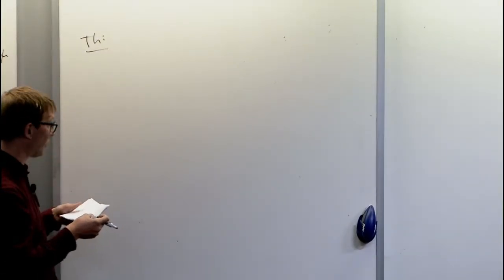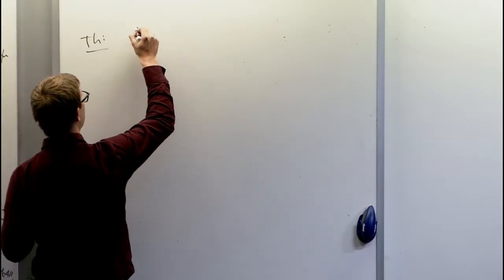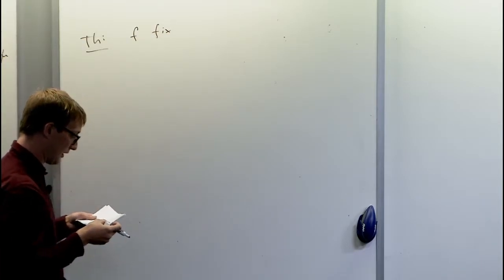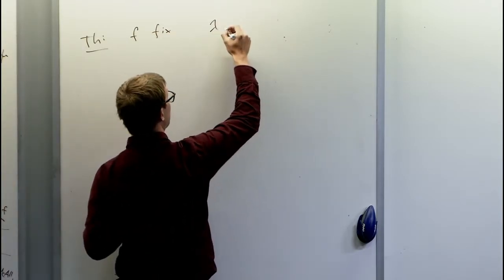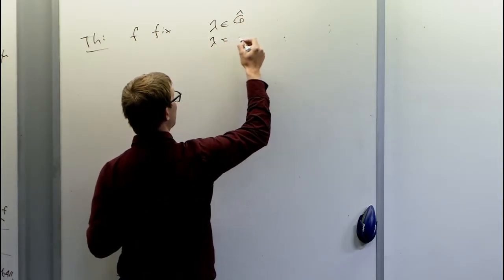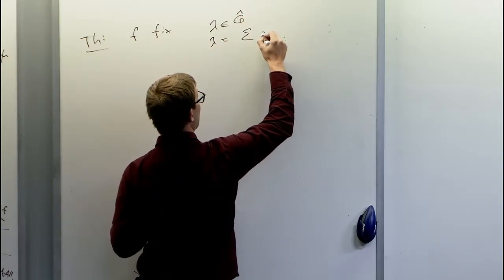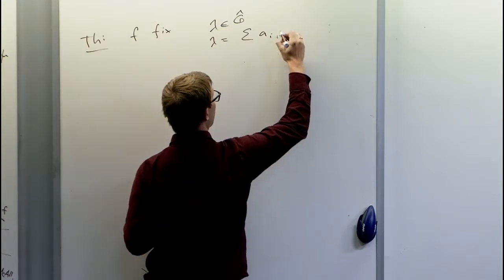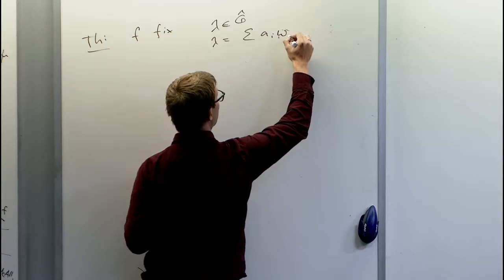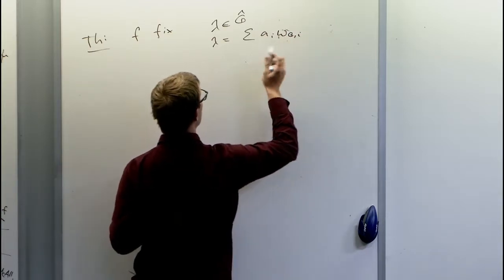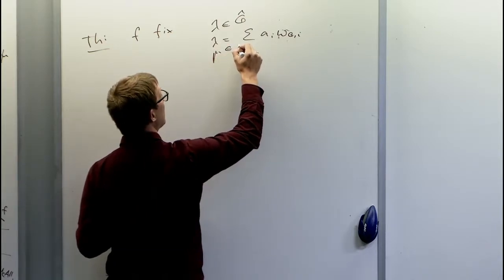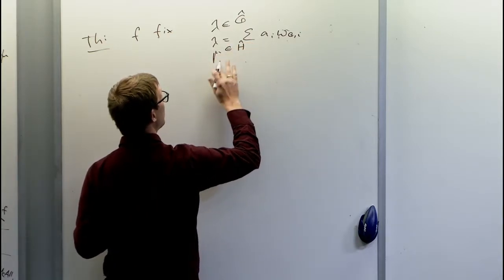For our setup from before, remember F fixed and the setup with H and G. In the abstract, in the general sense, you take lambda in G hat, and you think of lambda as presented in terms of its highest weight, as a linear combination of the fundamental weights. Same for mu.